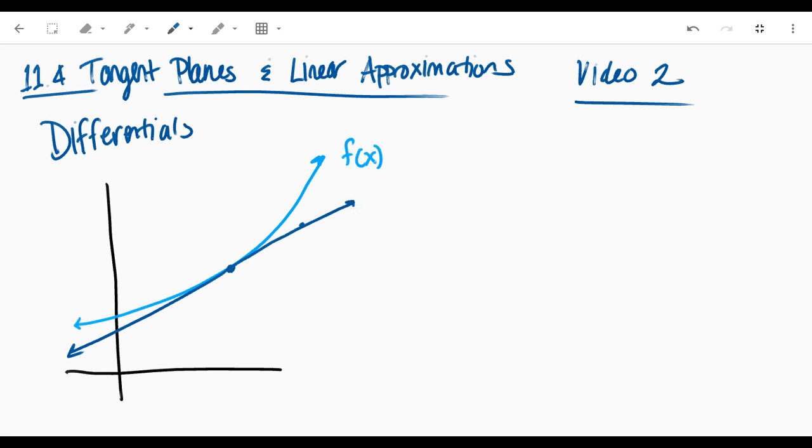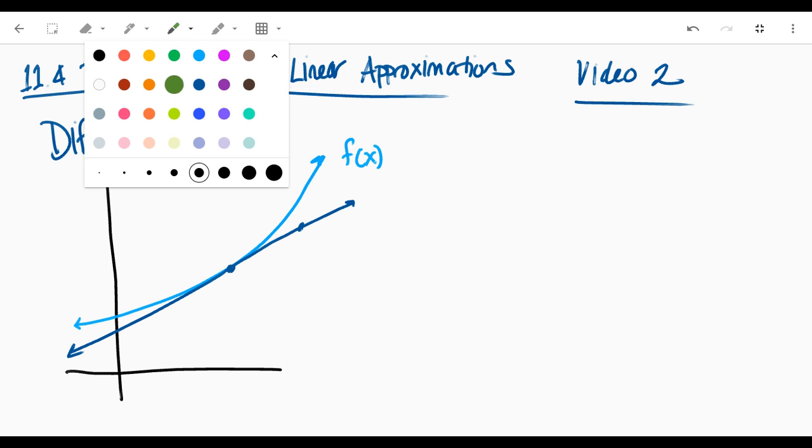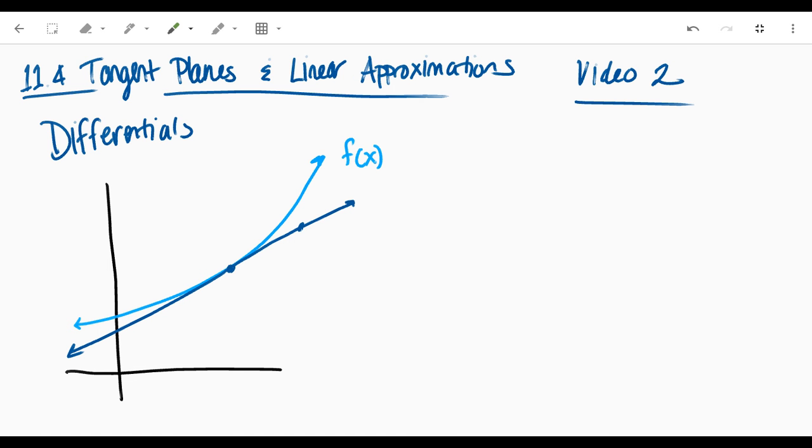Okay, and then on our axis, that point is at A, and then we have f of A. We're going to call anything on the function f of whatever, and anything on the line y of whatever.